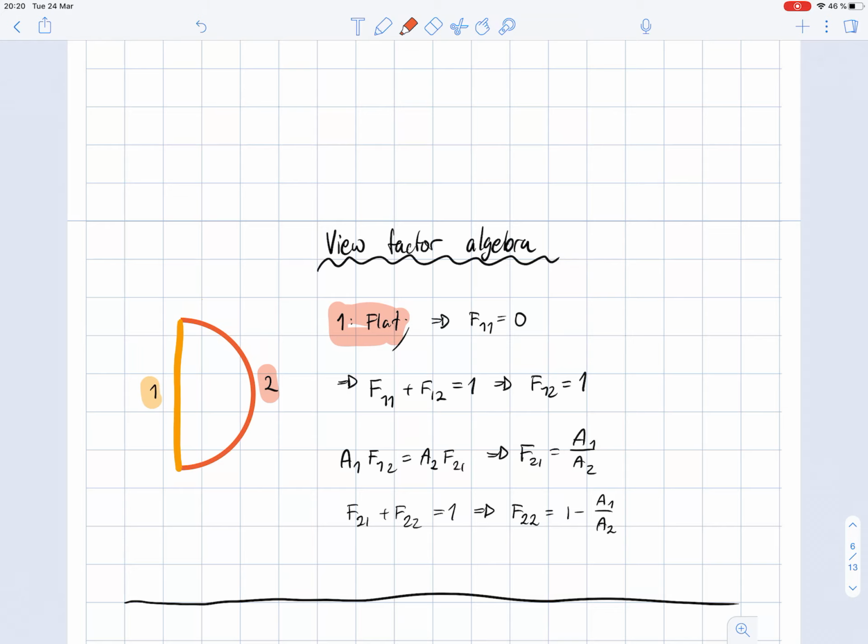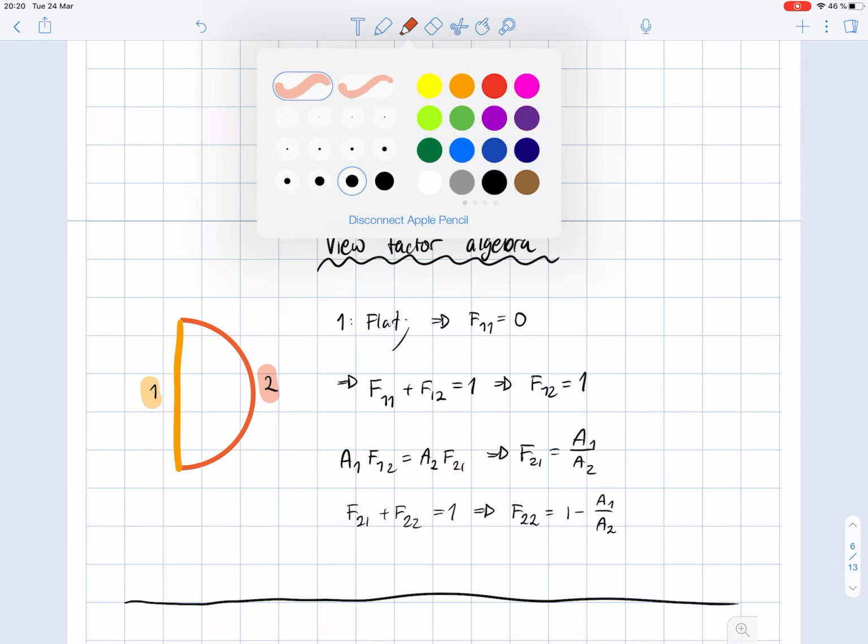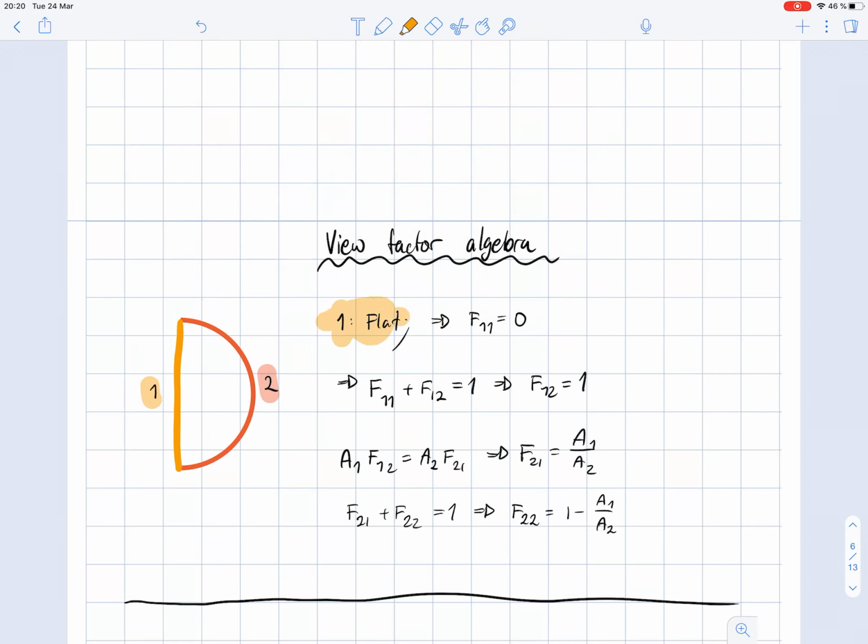So since it is flat, it will not have a self view factor, i.e. F11 is equal to 0. And we solve it the other way around. We now use the enclosure rule again, F11 plus F12 equals 1, and that gives us that F12 equals 1 again. And this is again because all of the radiation leaving surface number 1 will be intercepted by surface number 2.